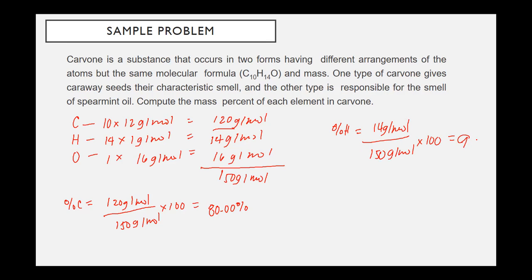So percent oxygen naman, same way, 16 grams per mole over 150 grams per mole times 100 will be equal to 10.67%.